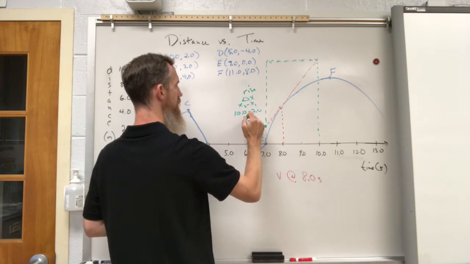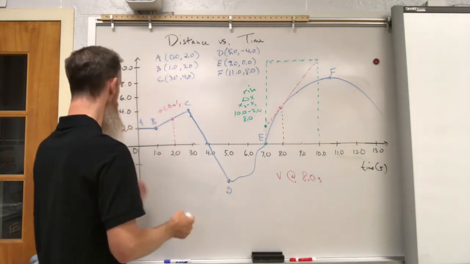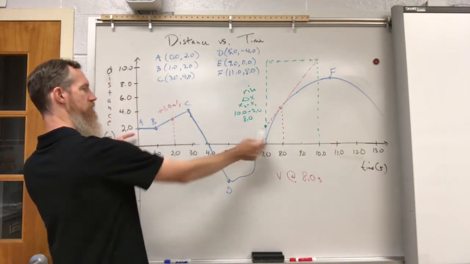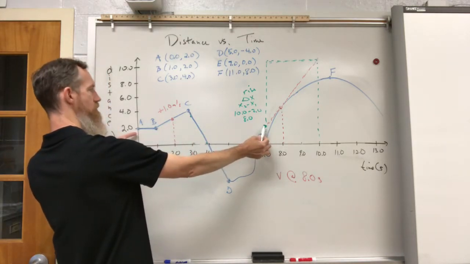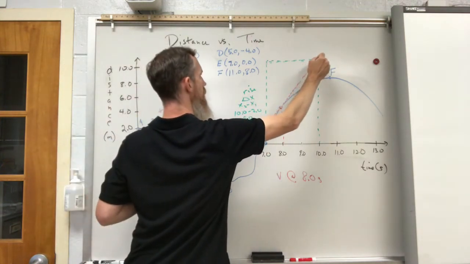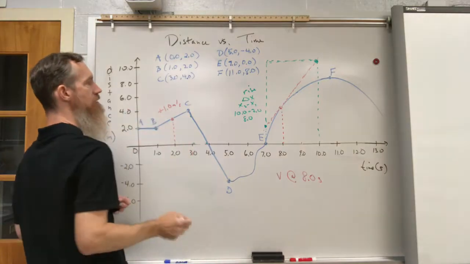So that's a rise of 8.0. I'm eyeing it up roughly, but I think that hits about at the 2 meter mark, and about the 10 meter mark where it hits here. Right? So that's a rise.